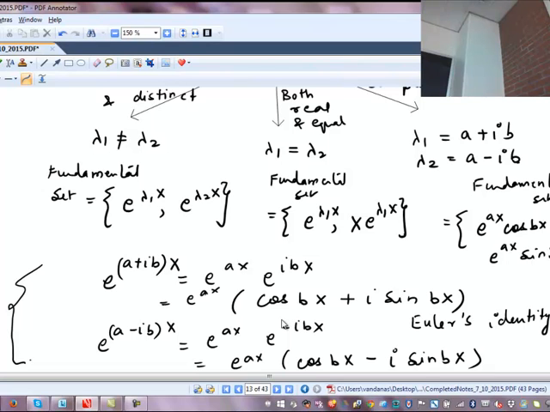Will y1 plus y2 satisfy this differential equation? The big question mark here. y1 satisfies the differential equation, y2 satisfies the differential equation. Will y1 plus y2 satisfy the differential equation?